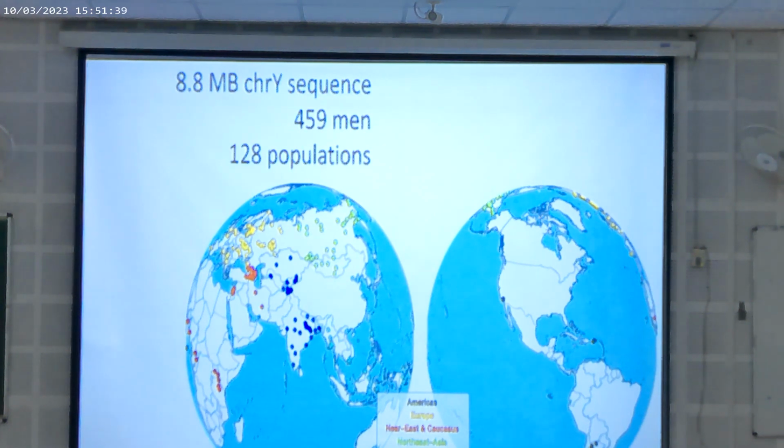And we were able to sequence 8.8 megabases at that time, and you can see the distribution of the samples here. Of course, some of those were already published at the time. And I guess one important difference was that we also had some samples from island Southeast Asia and near Oceania, and of course some other regions.